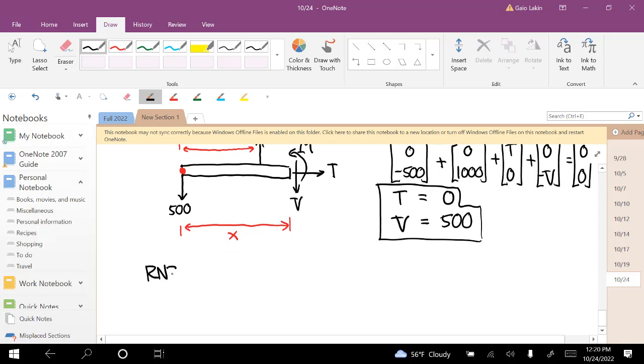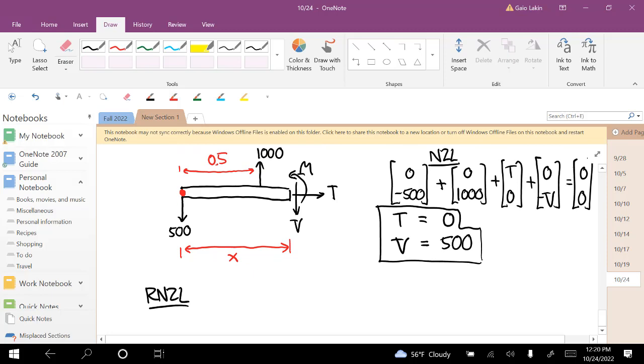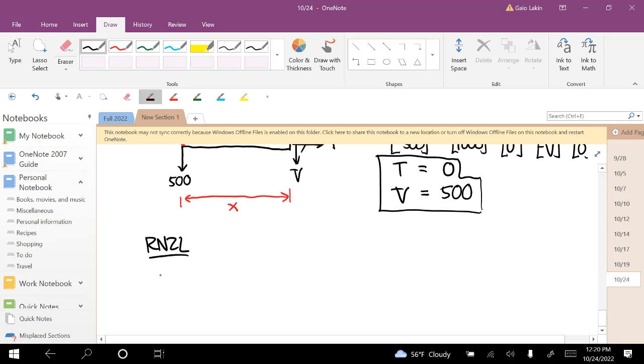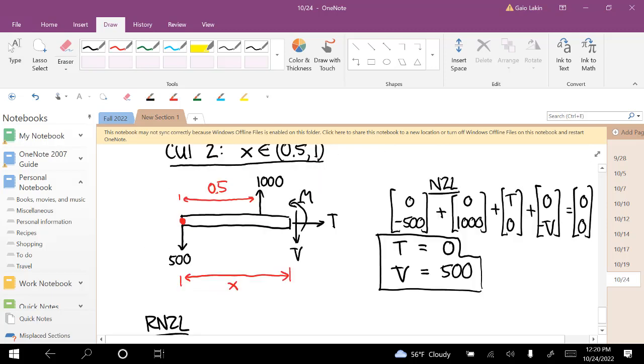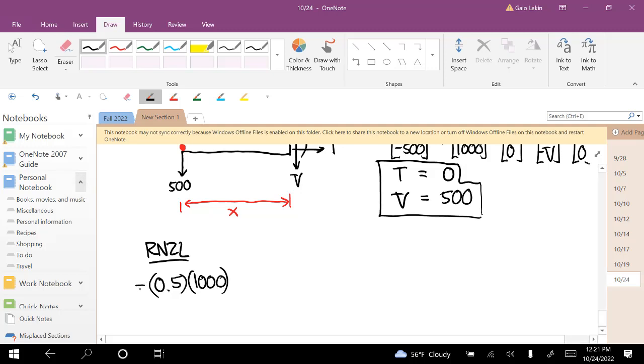And the moment equation: the 500 doesn't produce a moment. The 1,000 has a moment arm of 0.5. And would that produce a clockwise or counterclockwise moment with that about point? Counterclockwise, so this is positive.